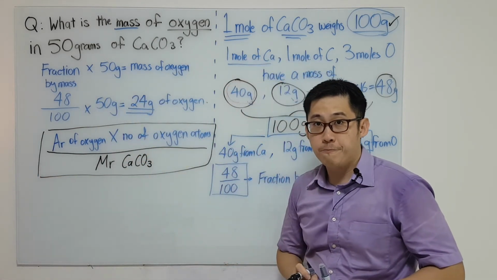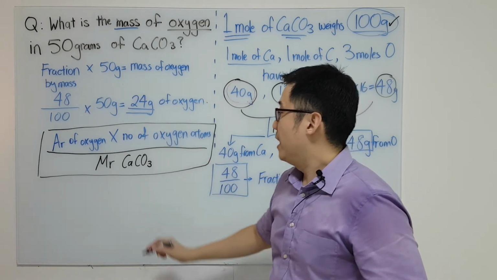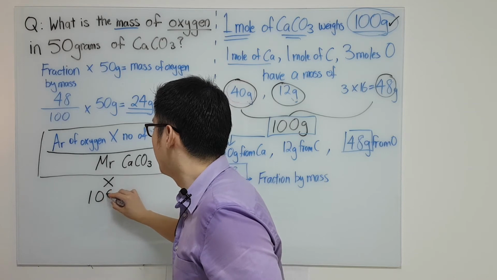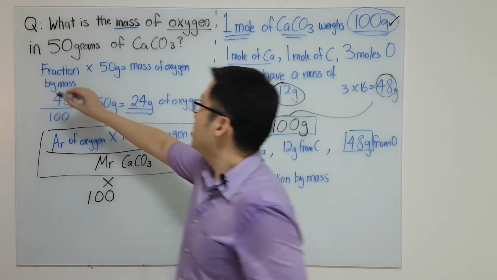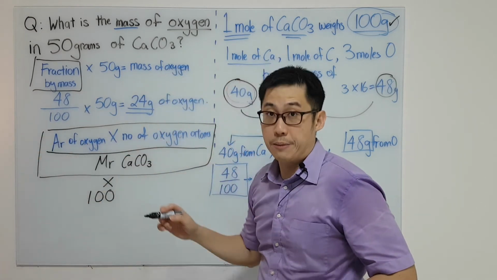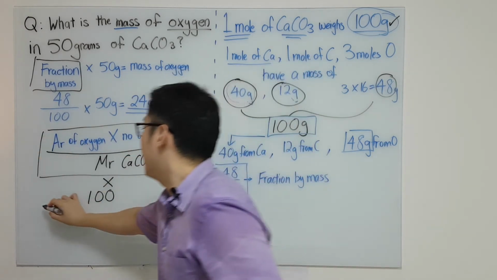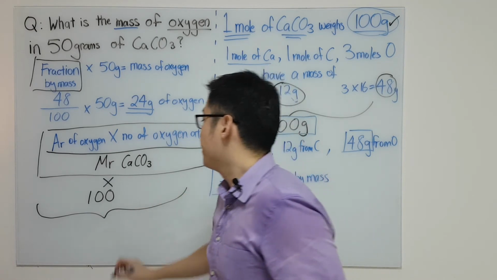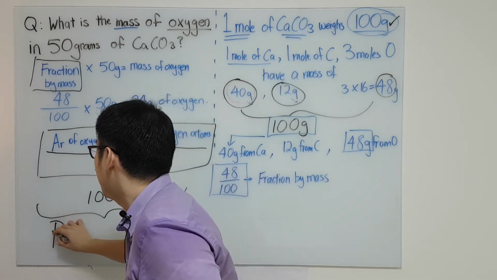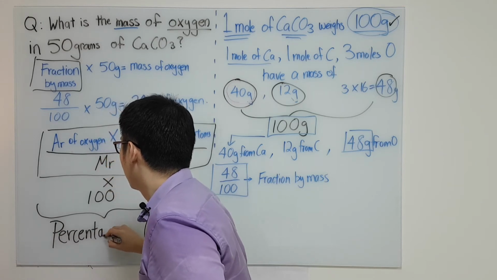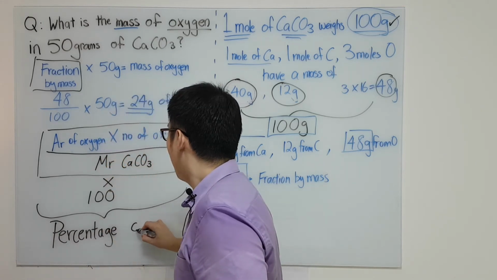However, students, if I take this whole thing times 100, this term, which I have called the fraction by mass only in this video, now has a name. As in your textbook 9.4, this is what we call the percentage composition.